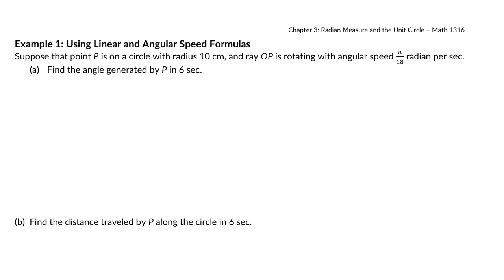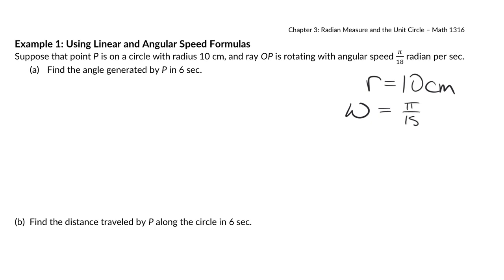In example number 1, it says, suppose that point P is on a circle with radius 10 centimeters and ray OP is rotating with an angular speed of pi over 18 radians per second. Just to make sure we understand what we were given, the radius is 10 centimeters and the angular speed, omega, is equal to pi over 18.